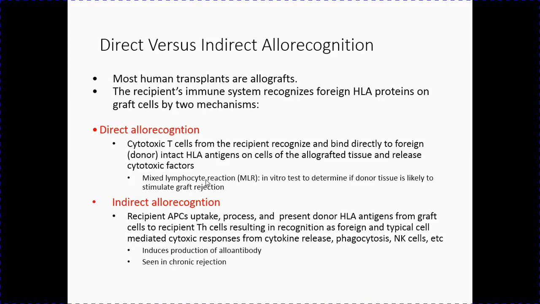That's direct. Indirect, on the other hand, we're getting to the second pathway, the indirect pathway. This one operates via T helper cells and the recognition of peptides that were processed and presented by MHC molecules on APCs, on antigen presenting cells of self.